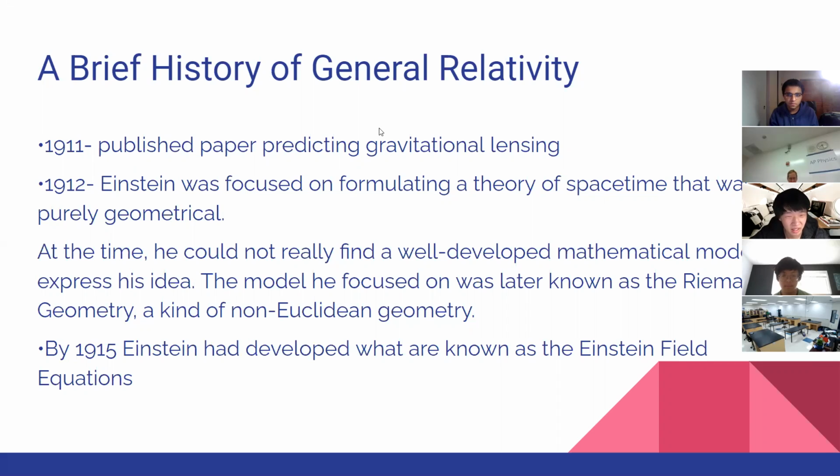He then formulated a theory of space-time that was purely geometrical, because at this time he couldn't find a mathematical model to express his idea, since the theory of differential geometry was not well developed. But after a few years of extensive research, by 1915, he had developed what are known as Einstein's field equations.